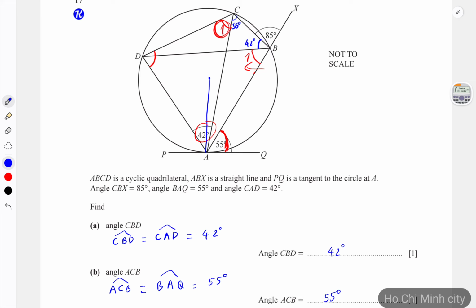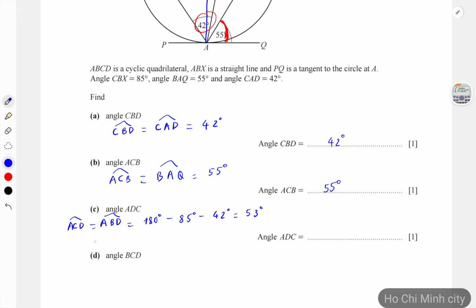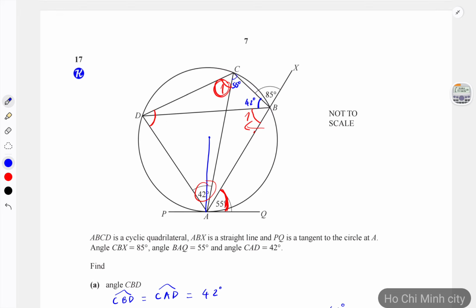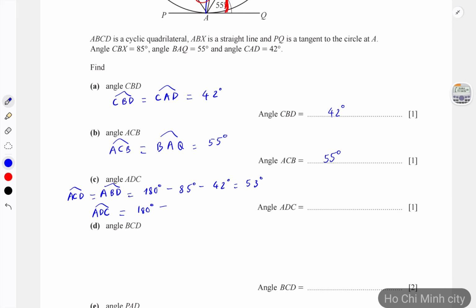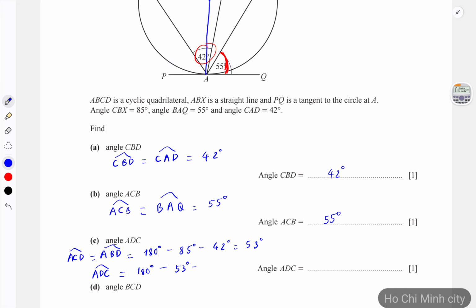All right, so now the angle ADC is going to be 180 degrees minus ACD. ACD is 53, and then minus 42.